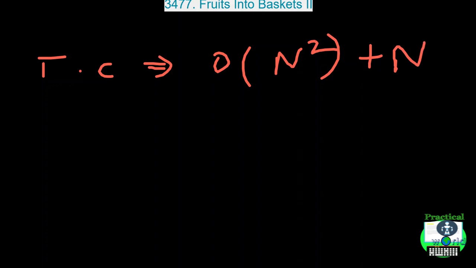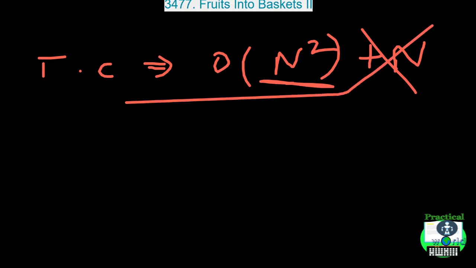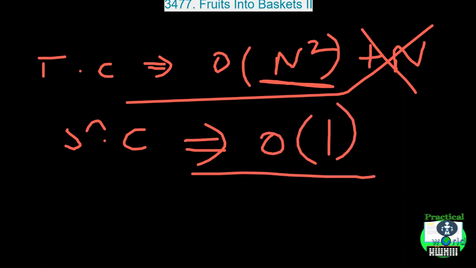At last we also check the whole fruits array to count unplaced fruit types, but n square is the dominating term, so we can ignore it. So our time complexity is big O of n square. For space complexity, we are not using any extra space, so the space complexity is big O of 1.